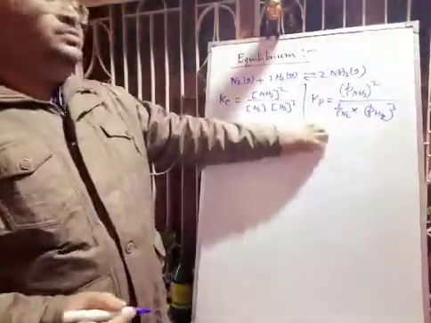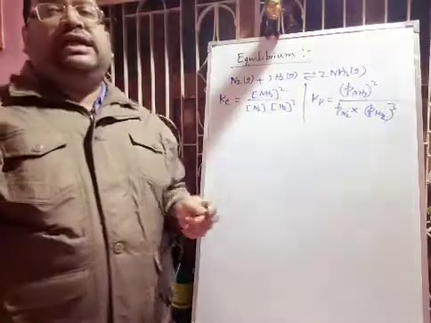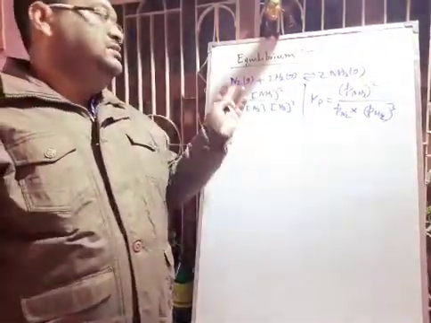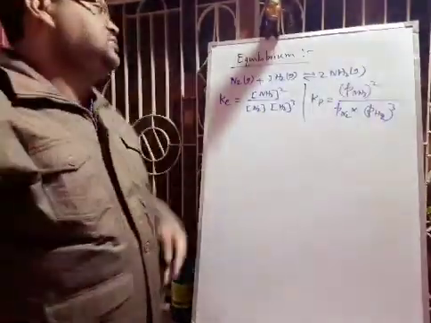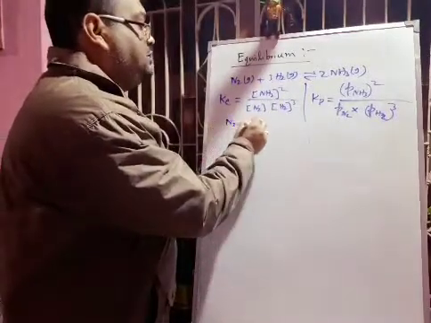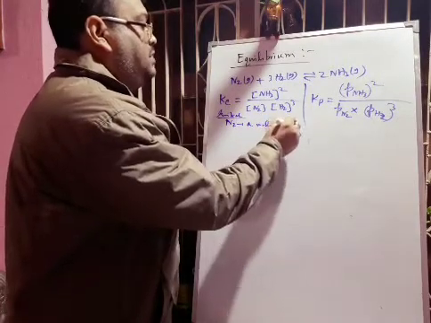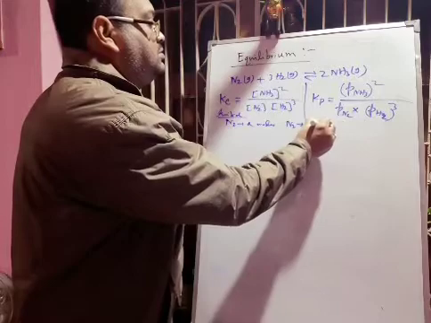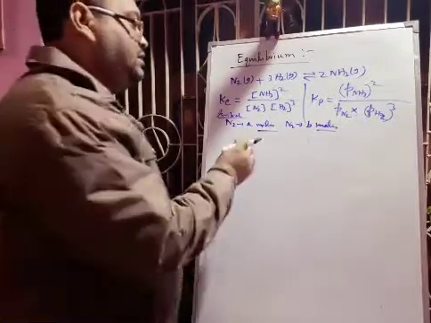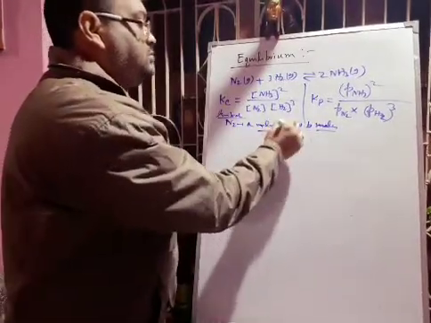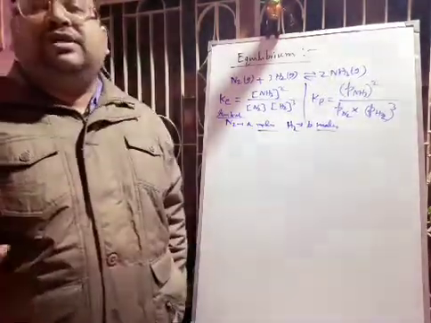Now let us consider that the number of moles of nitrogen taken initially is A, and the number of moles of hydrogen taken is B. So A moles of nitrogen and B moles of hydrogen, and let us consider the volume of the container is V liter.